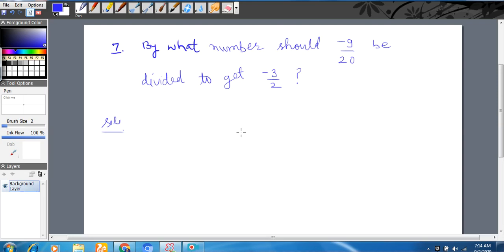So question is by what number should -9/20 be divided. By what number means let the required number be x. Then you can also write according to the question.